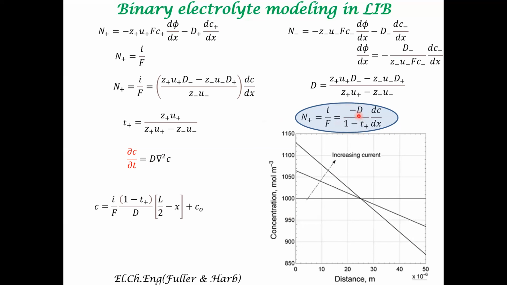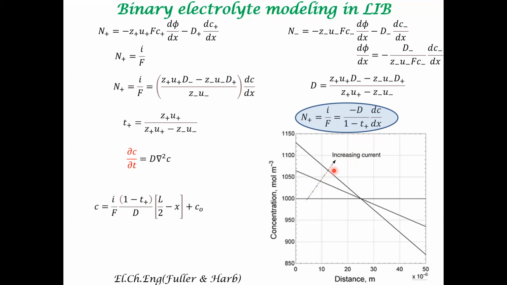As this term increases, the ∂c/∂x is going to be lesser and lesser. With the increase in the transference number of lithium plus, the concentration gradient is going to be lesser and lesser.